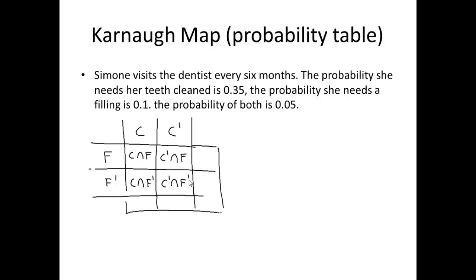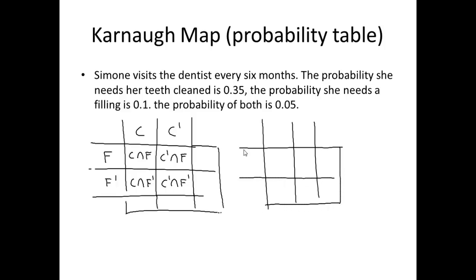Now let's draw that same table again, only this time we'll put the actual values in. So we've got clean, not clean, filling, not filling. And they've told us that the probability she needs her teeth cleaned is 0.35.